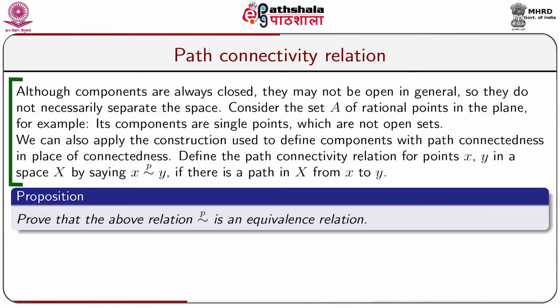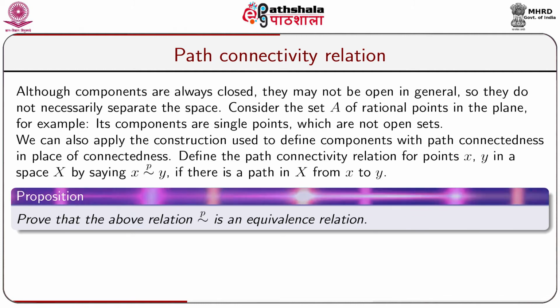For example, we already know that the topologist's sine curve is an example of a connected space which is not path connected. As we already discussed, a connectivity relation for a topological space X, we can also introduce a path connectivity relation for a topological space X.